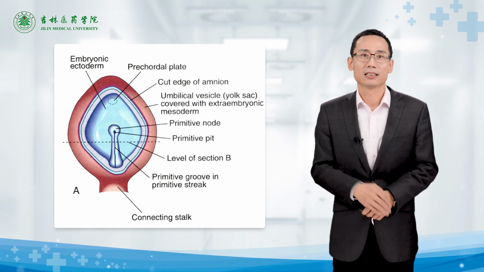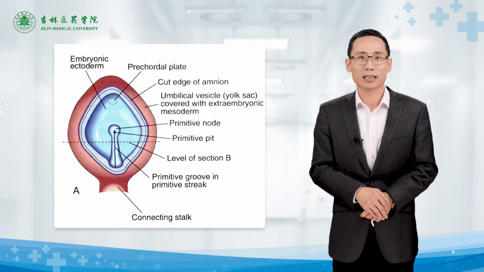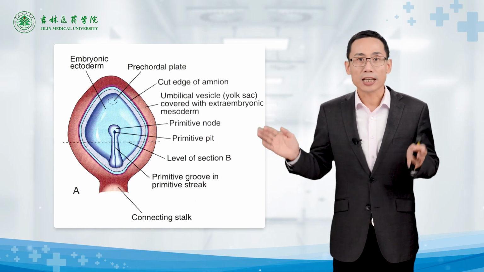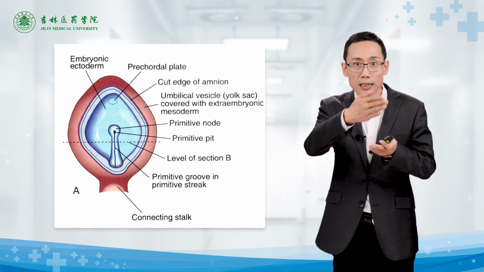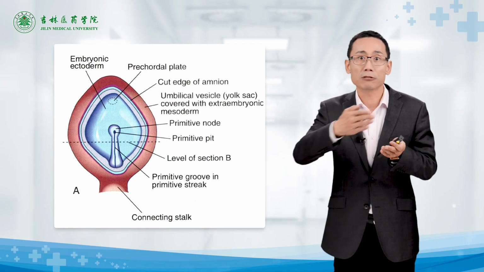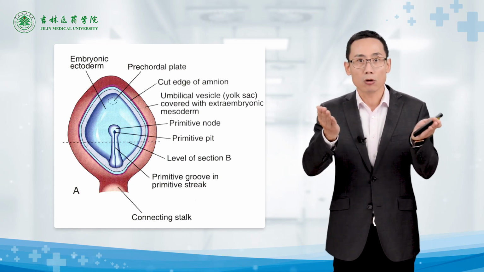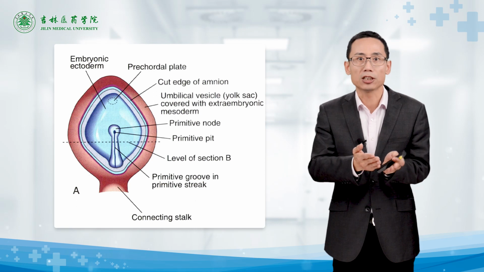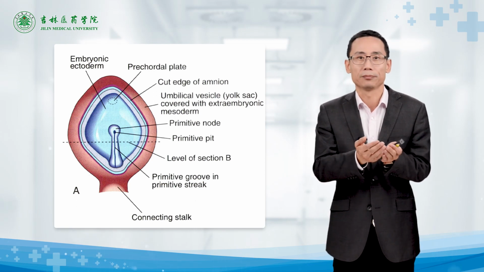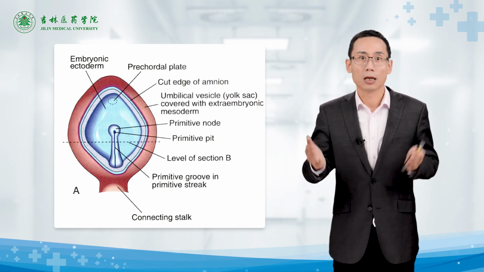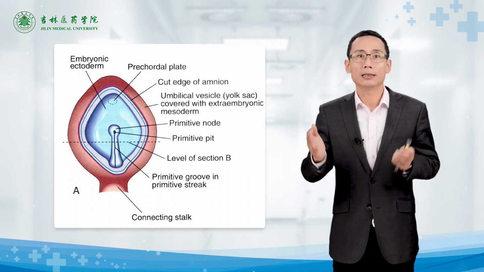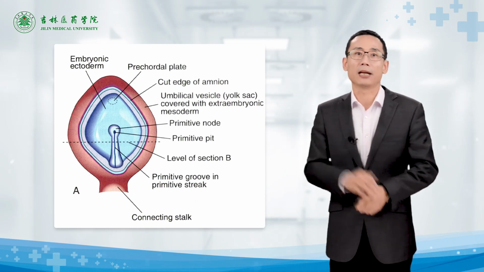In this slide, you can see primitive streak. Then, a shallow groove appears in the middle line of the primitive streak, and a shallow concave appears in the center of the primitive node, which are called primitive groove and primitive pit respectively.